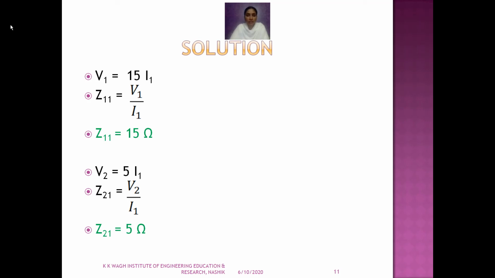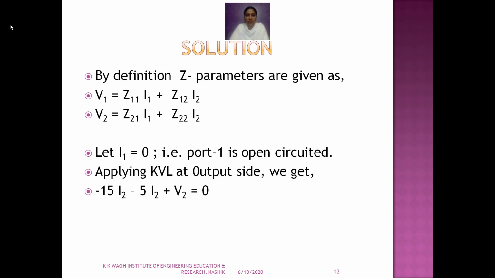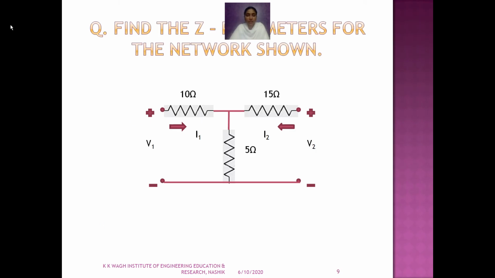Now, these are the parameters when port 2 is open, that is I2 is equal to 0. Let's try and write the parameters when port 1 is open circuited. Again, deliberately I have written here the equations so that you can understand them and correlate them while solving the numerical. Now, if port 1 is open circuited, I1 is 0.